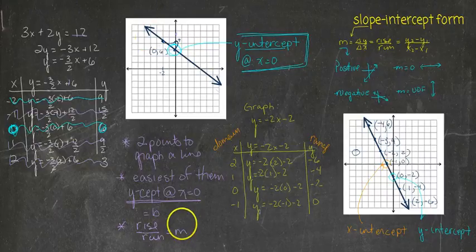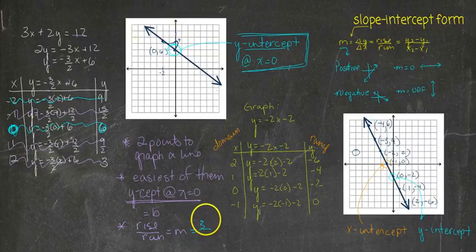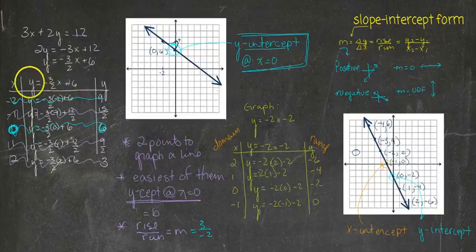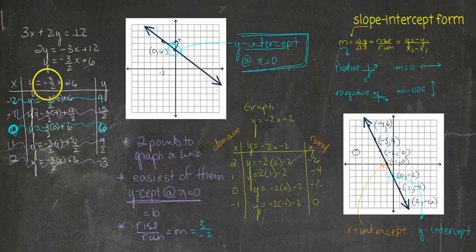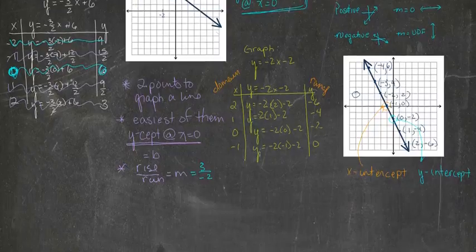Well, you can tell here on this one where I said rise 3, run backward 2, negative 3 halves, isn't that this number? It sure is. So if I can get the equation written in this form, regardless of how it's given to me, if I can convert it to this form, I can graph this line without any of this other work, with nothing else. So let's do a couple just to prove how easy it is.